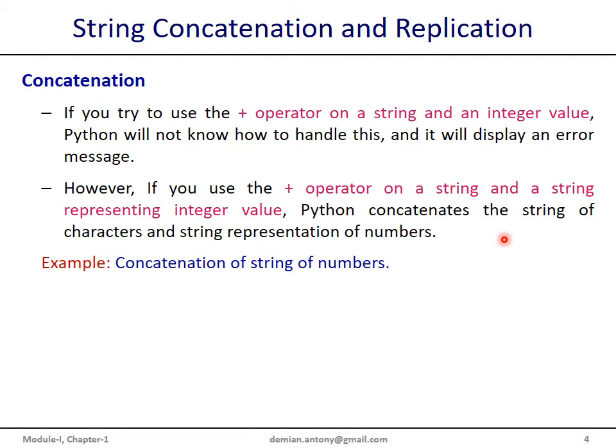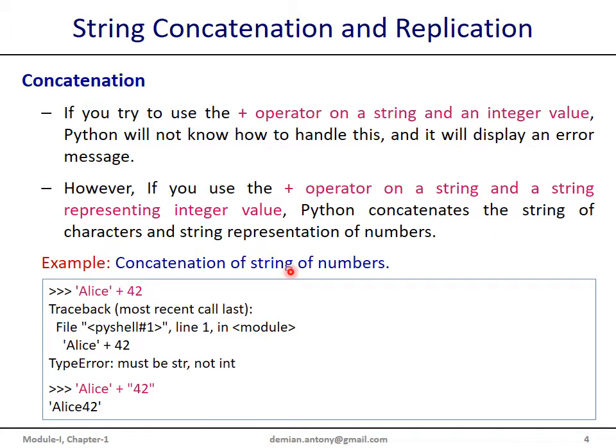Let's take up the example. In this first example, we have the first operand as Alice, which is a string. The second operand is a whole number, which is an integer. This is invalid. We cannot concatenate a string with an integer or floating point value.